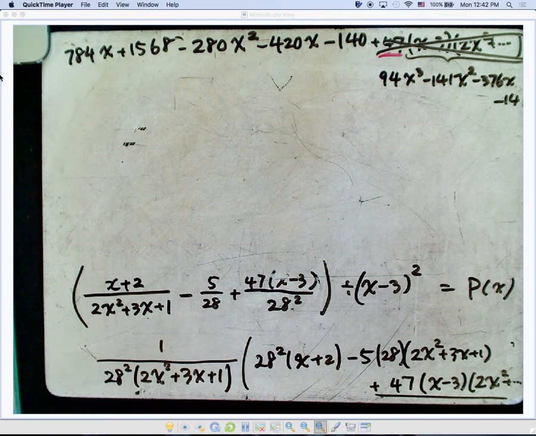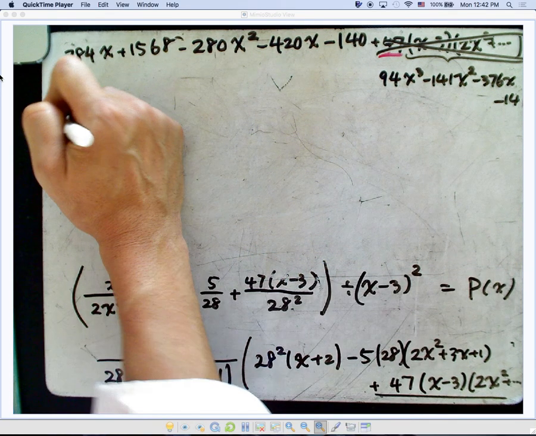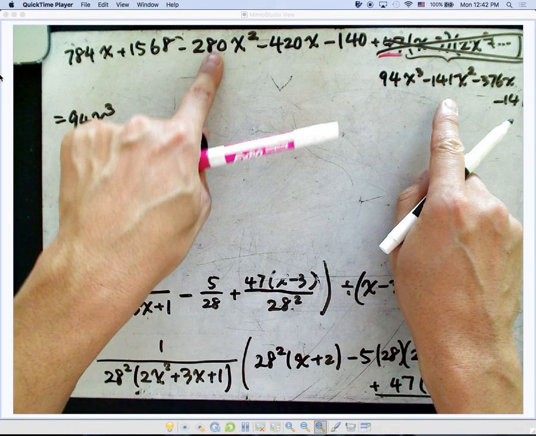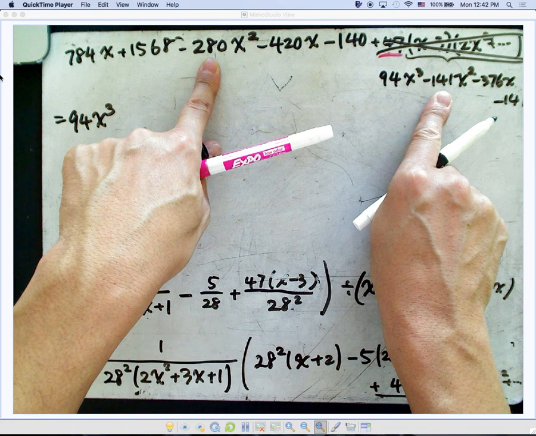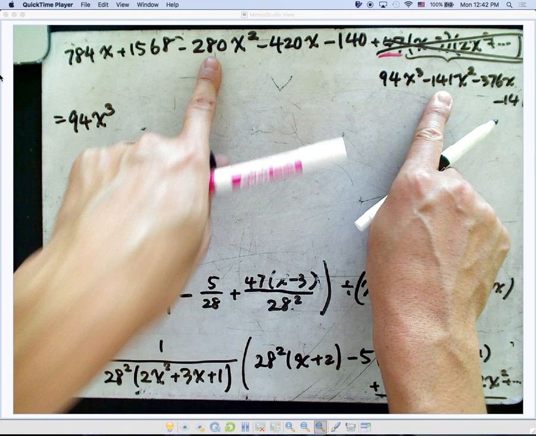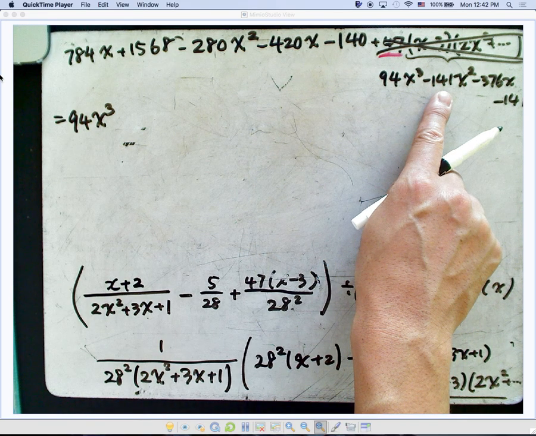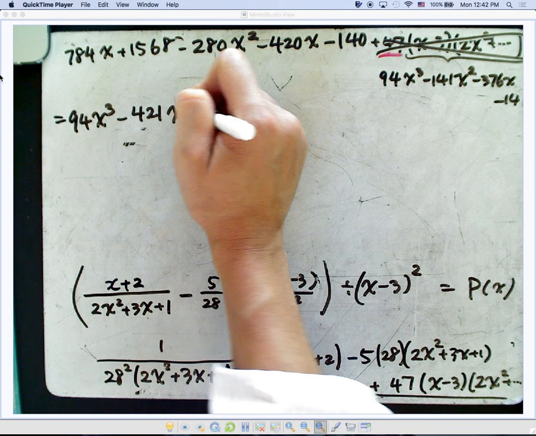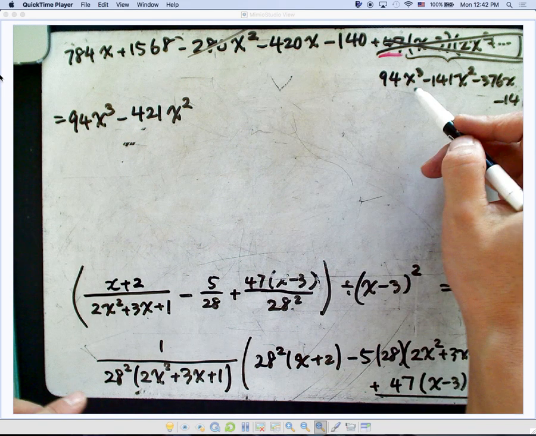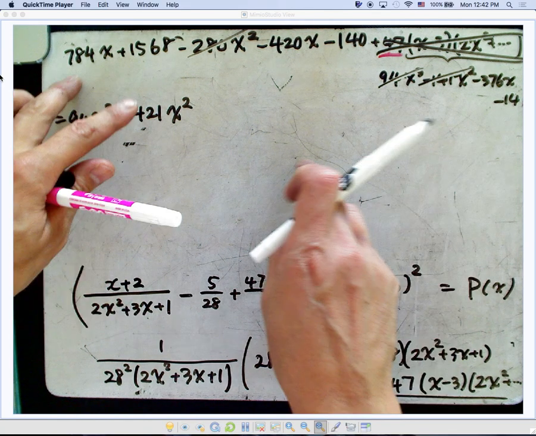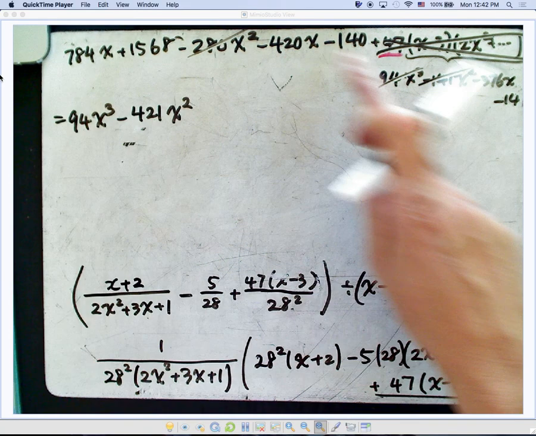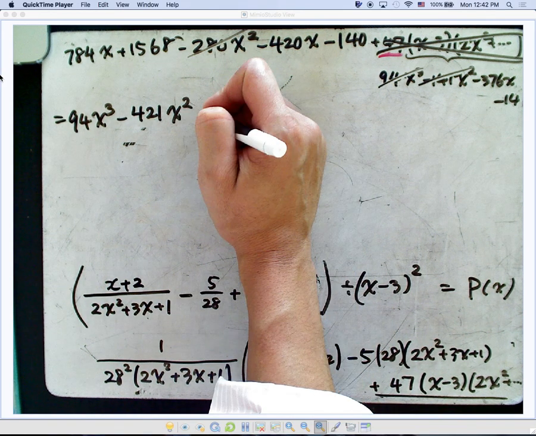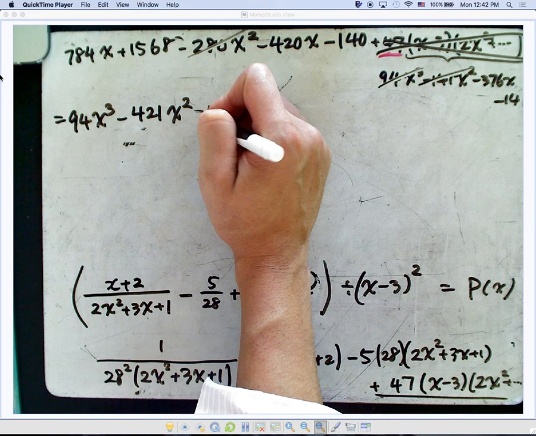If you combine like terms, we have 94x³, then minus 280x² and minus 141x², which are like terms, so minus 421x². For the x terms, 784 minus 420 minus 376 gives minus 12x.